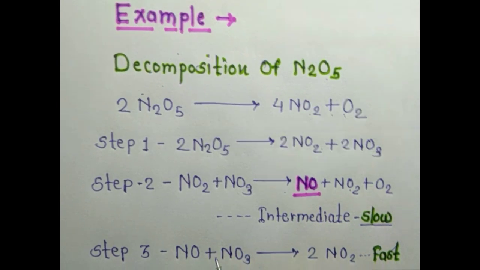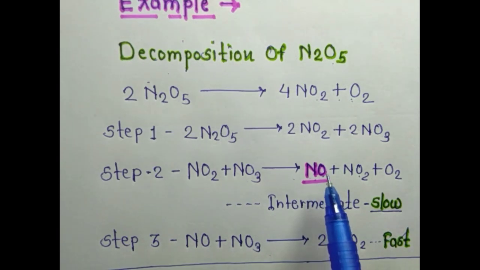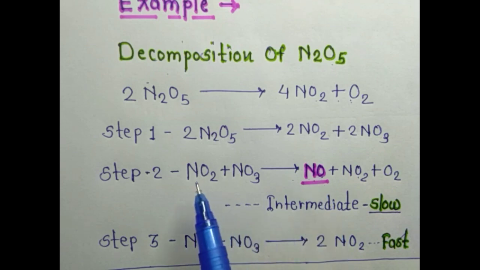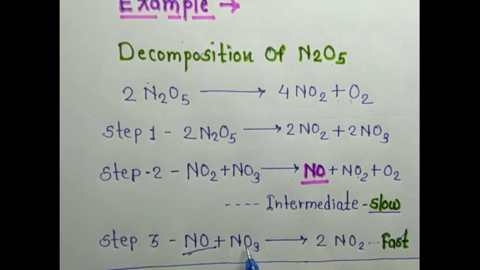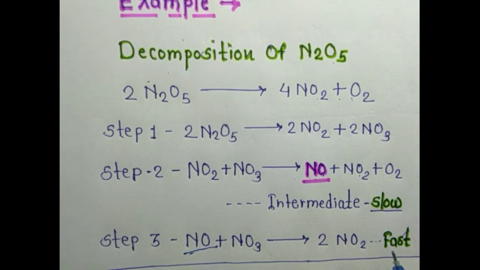Step number 3: the intermediate formed in the second step gets consumed in step number 3, that is NO reacts with NO3 and gives 2NO2, where this NO, the intermediate, is consumed in this reaction, which is called the fast reaction.